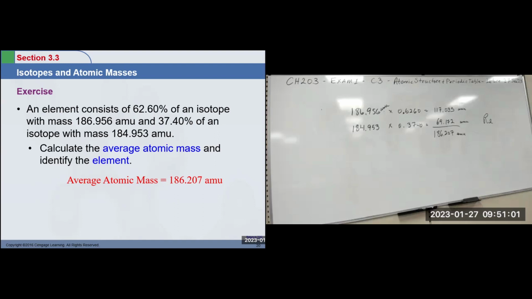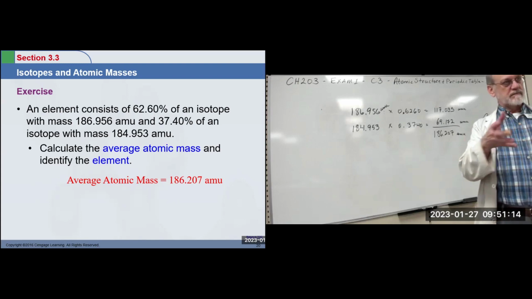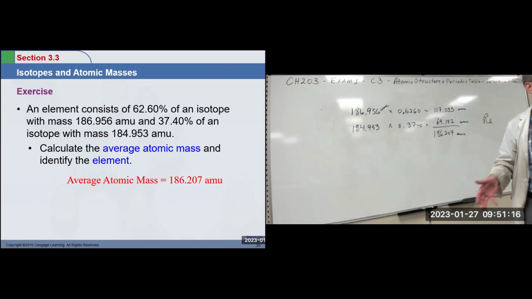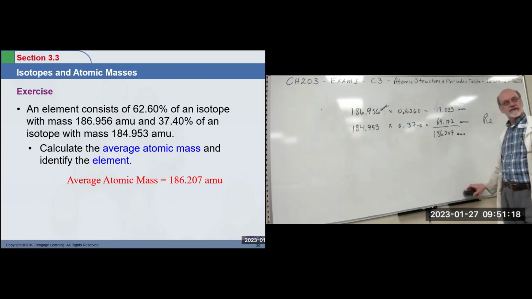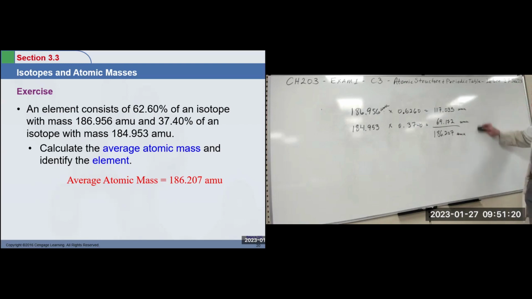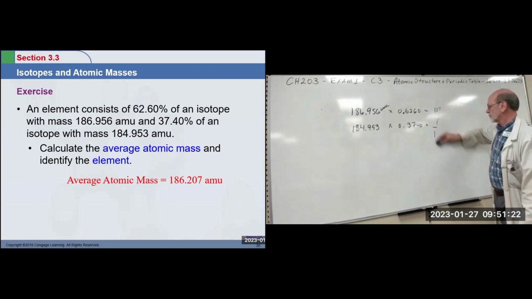These are really close. Tellurium and iodine. There are a couple others in there. But most of the time, the atomic mass will also be an identifier for you if you need to find out what element it is.